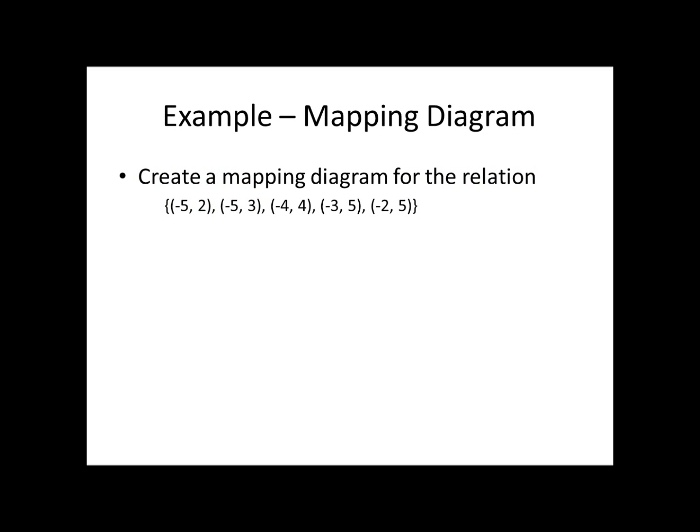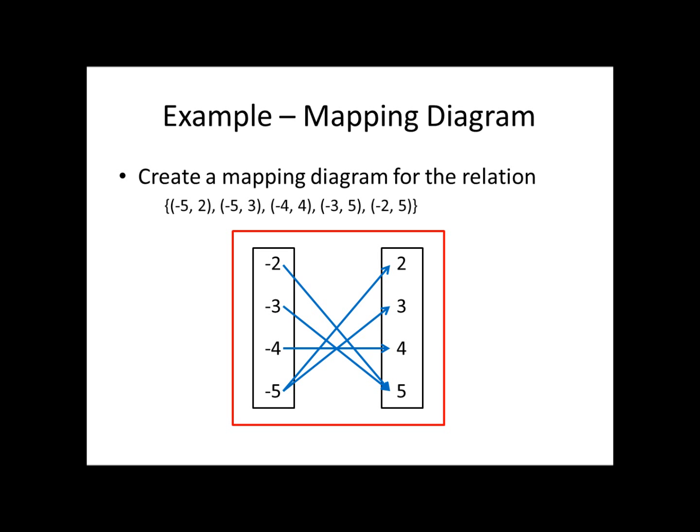Let's make a mapping diagram. We're going to make a mapping diagram for the relation listed here in ordered pairs. So the first number in each parentheses is a domain value. The second number is a range value. So we're just going to list our domain values, I put them in order, and we're going to list our range values, and again I put them in order, and we draw arrows.